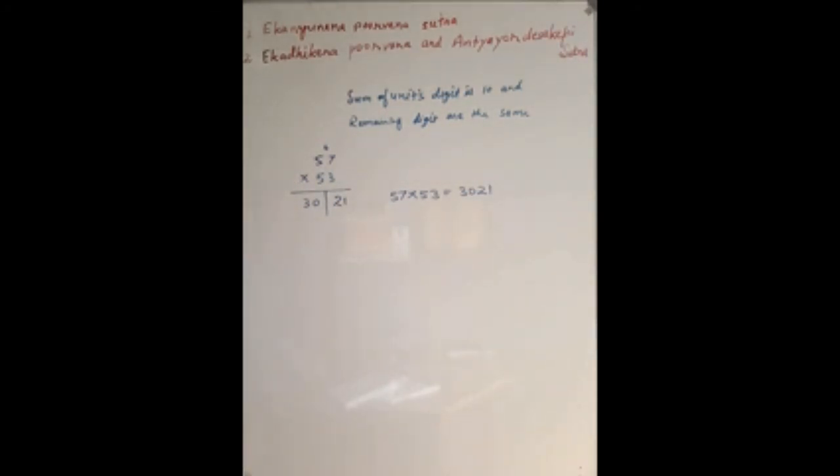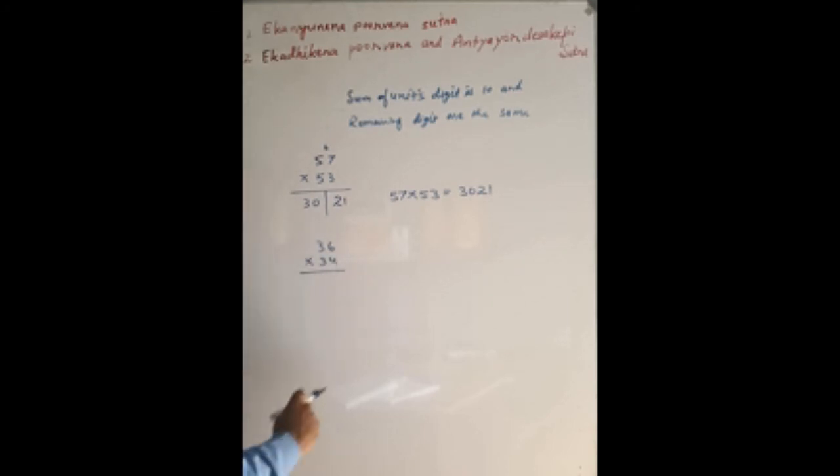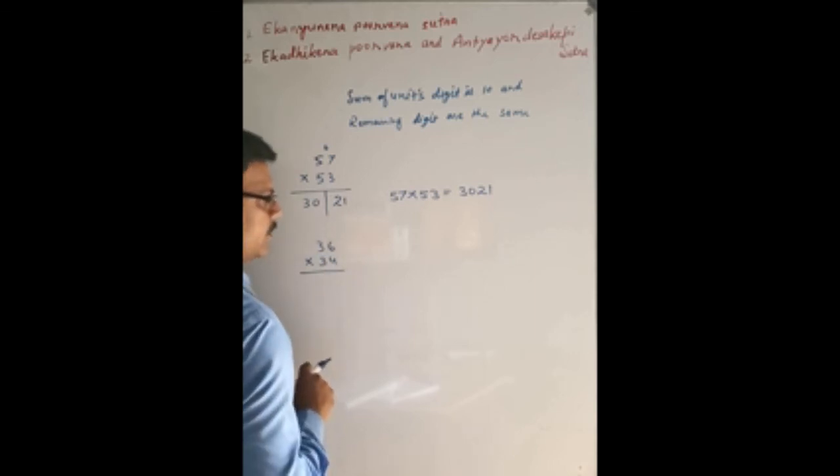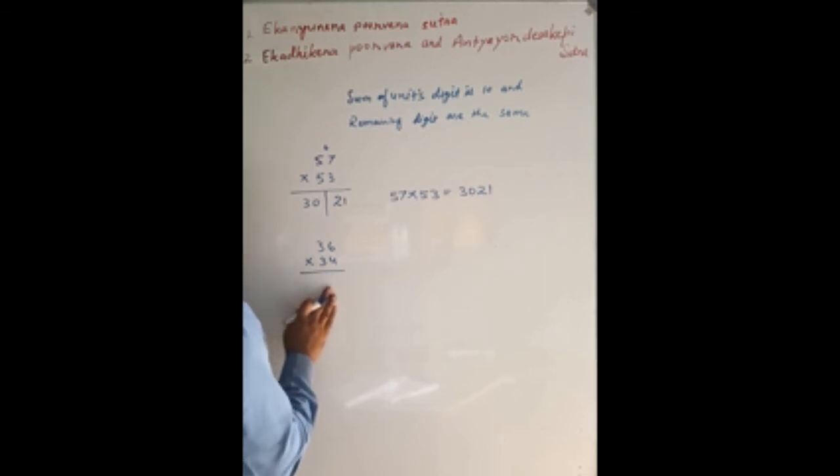We take another example. 36 multiplied by 34. Sum of the unit digits is 10 and the remaining numbers are the same. So again we apply the Ekadhikena Purvena and Antyayor Dashakepi Sutra.